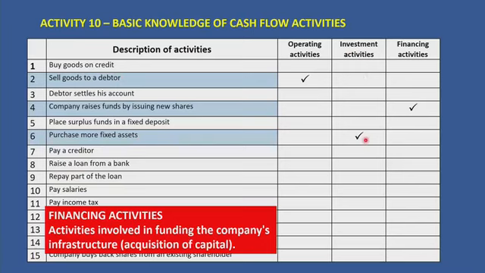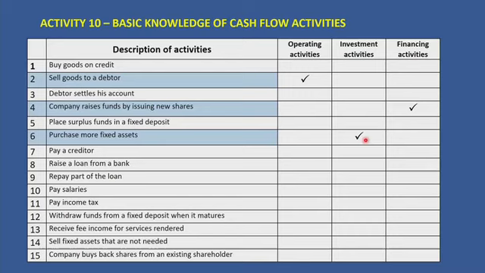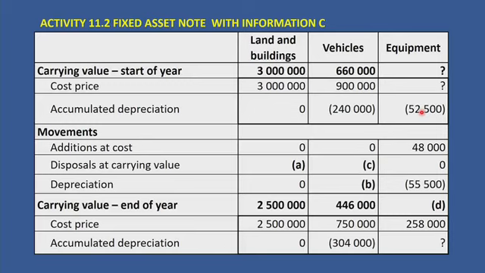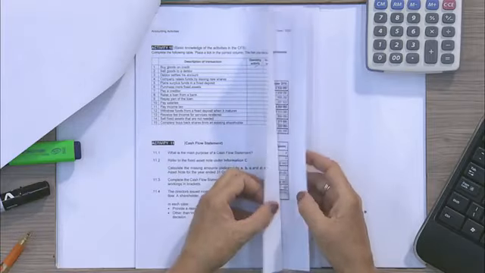And the last example I've just highlighted for you would be this one. The company raises funds by issuing new shares. Of course, that is then financing activity. So do activity 10 on your own. If we go to, and I just want to find my own page, activity 11.2, you will now notice how many times we have done fixed asset notes.